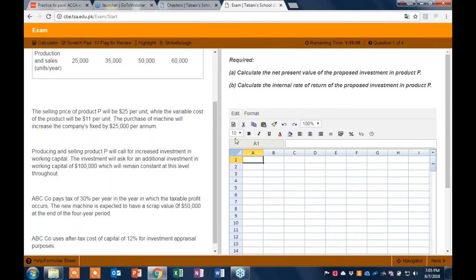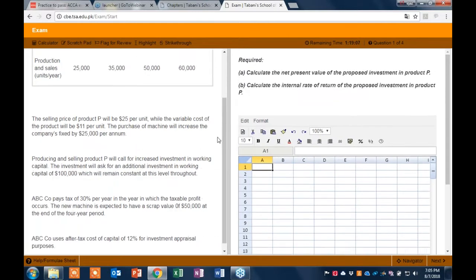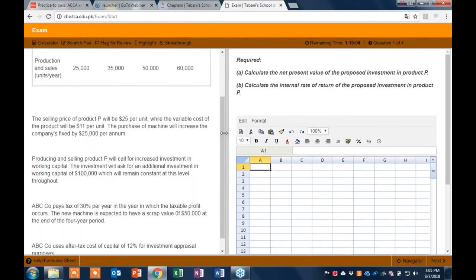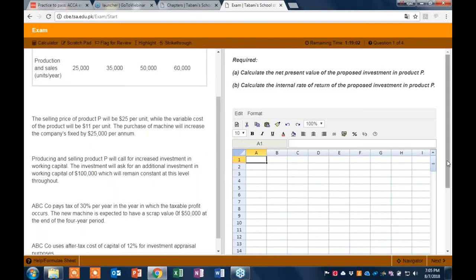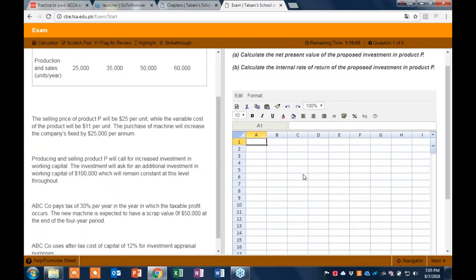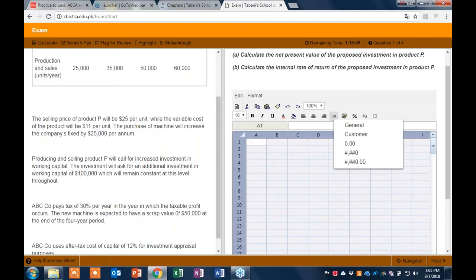And remember, the screen is adjustable as per your convenience. So let's start first. I always have a practice of selecting the whole spreadsheet first, going into this formatting tool, clicking on it, and selecting the format that I would prefer. I always prefer this particular format.